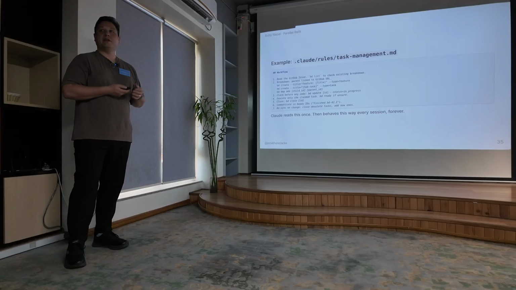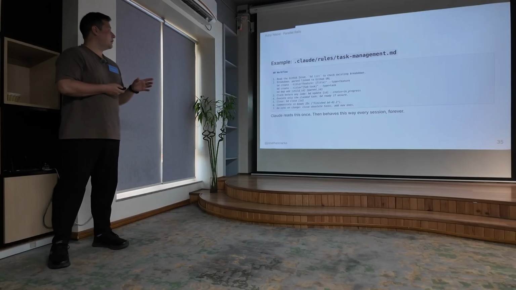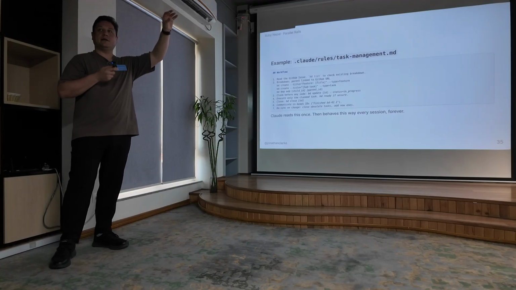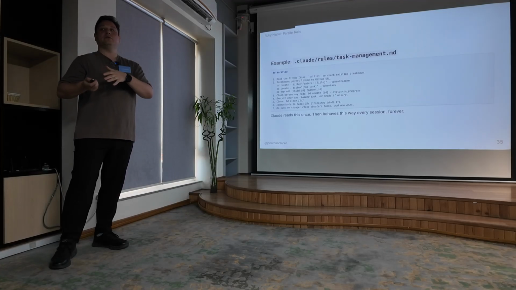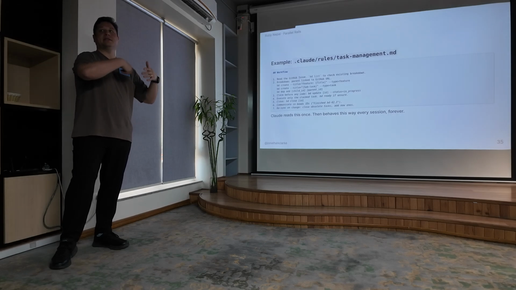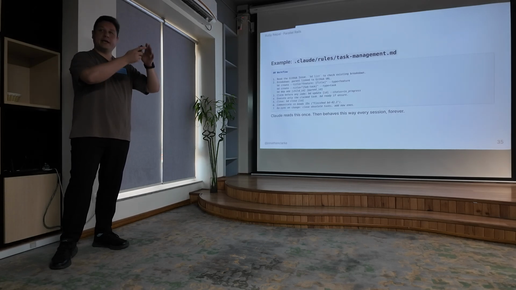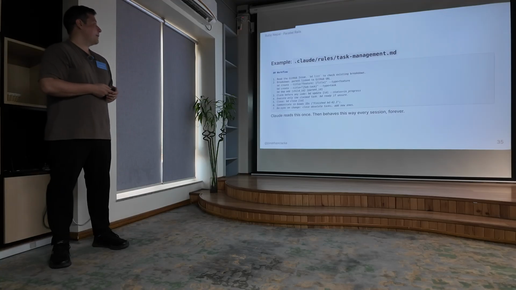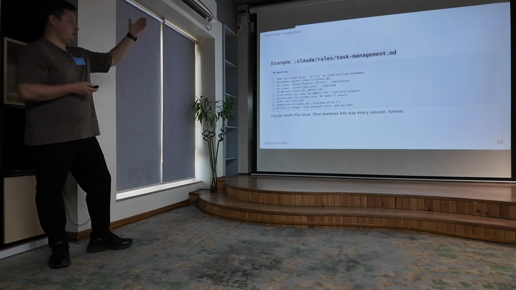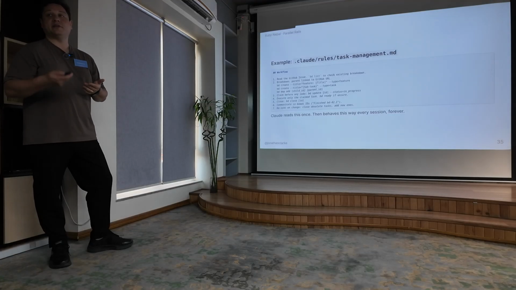You can do this manually if you like, you can tweak it, okay? But essentially the whole goal is to take one task and get it to the closure point. If something is blocking you, then work on that. If that's the task that needs to be done next, then take it, get it to a closure point, okay? So Claude reads this once, behaves the way you've defined it, every session, forever.